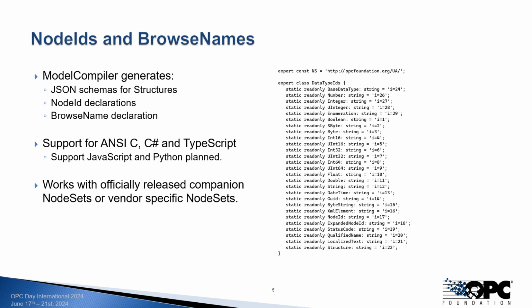And so we've updated the model compiler. That is a tool that's been around for a while to generate node sets, to take a node set as an input and produce the node ID and browse name declarations as constants in different languages. We currently support C# and TypeScript. We're planning on adding support for JavaScript and Python and potentially other languages based on demand.